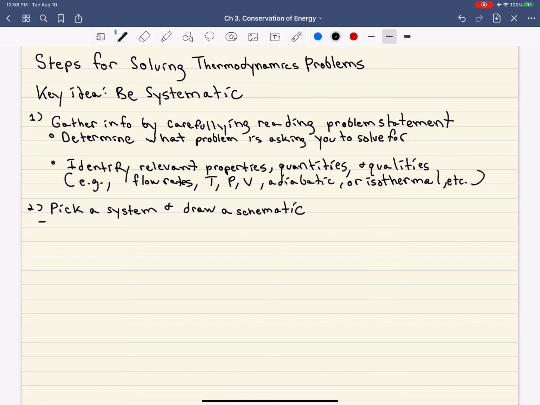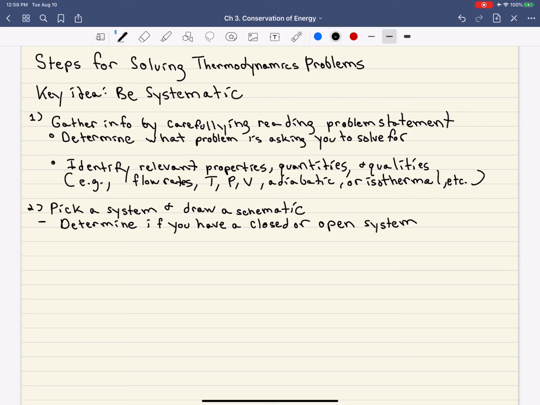And so by drawing the system out, that'll help you determine if you have a closed or an open system, so whether there is mass crossing the system boundaries.